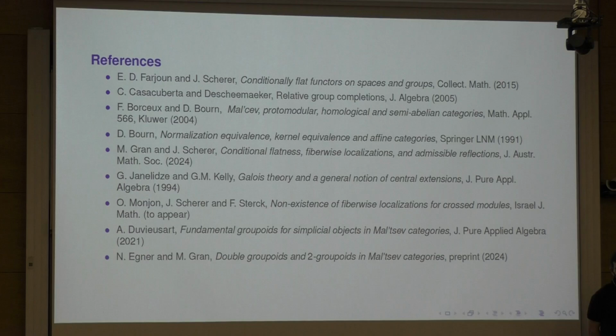So it's connected in the sense that the condition of fiberwise localization was not invented in algebra, but it came from algebraic topology. And they ask exactly the same condition for fibrations with homotopy fiber to be preserved by the localization. So there is a connection in the sense that we are interested in which morphisms are inverted by this process of localization.